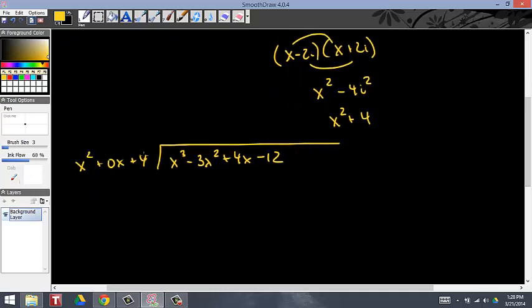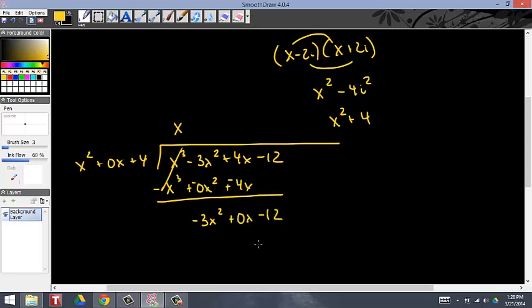So let's divide this in. I get x, and then x to the third plus 0x squared plus 4x. Negative, negative, negative. Oh wow, that's kind of odd. So I get negative 3x squared plus 0x minus 12.